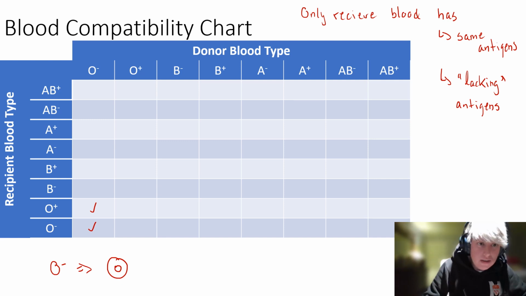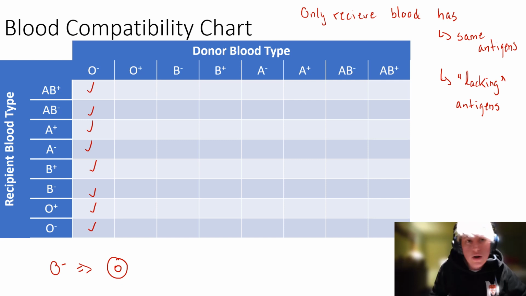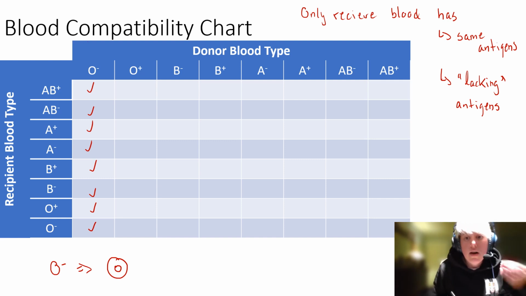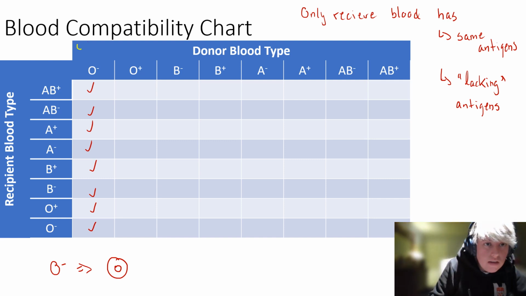So you can give it to B negative, B positive, A negative, A positive, AB negative, and AB positive. So O negative can be given to every single blood type. That's why O negative is considered the universal donor: because there are no blood proteins on our red blood cells, it can be given to all.